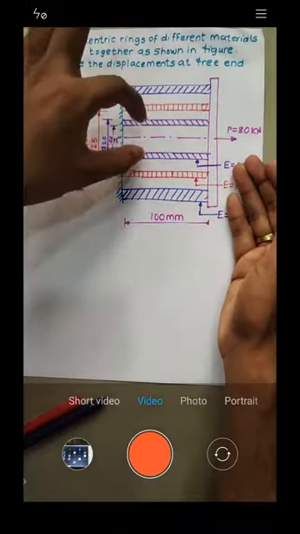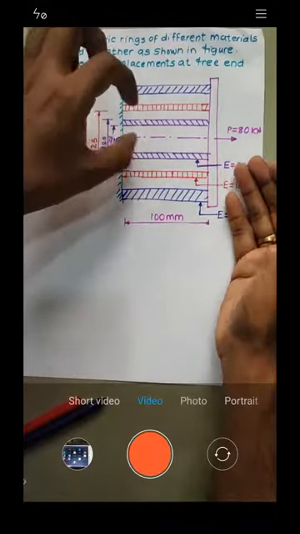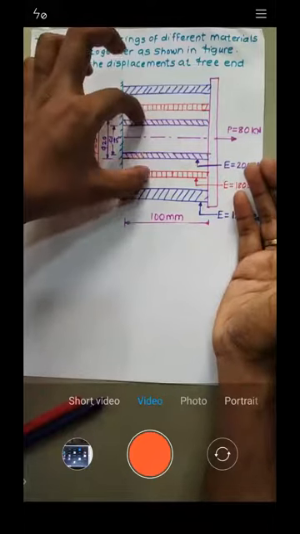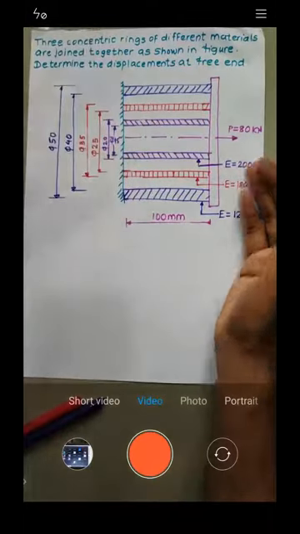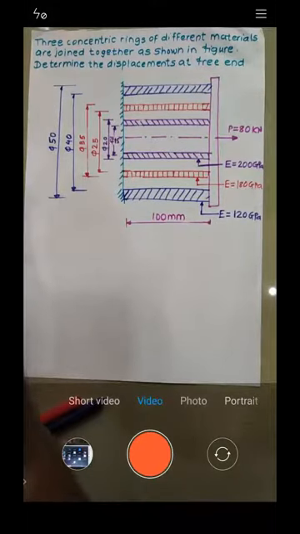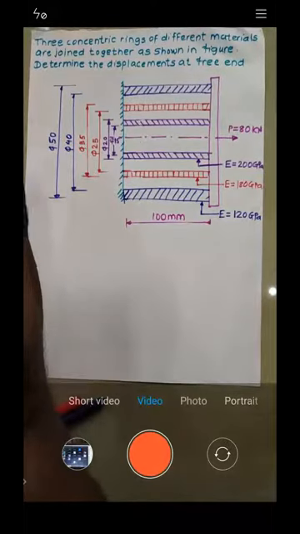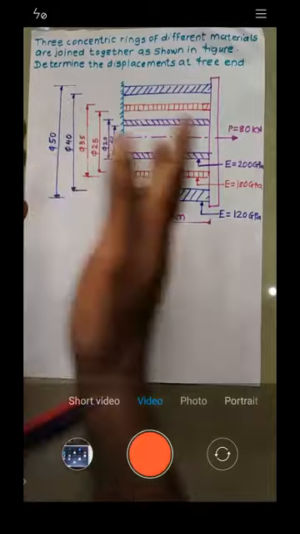Here one element, one element, and one element. So by both criteria, change in cross section and change in material, we get the same 3 elements.